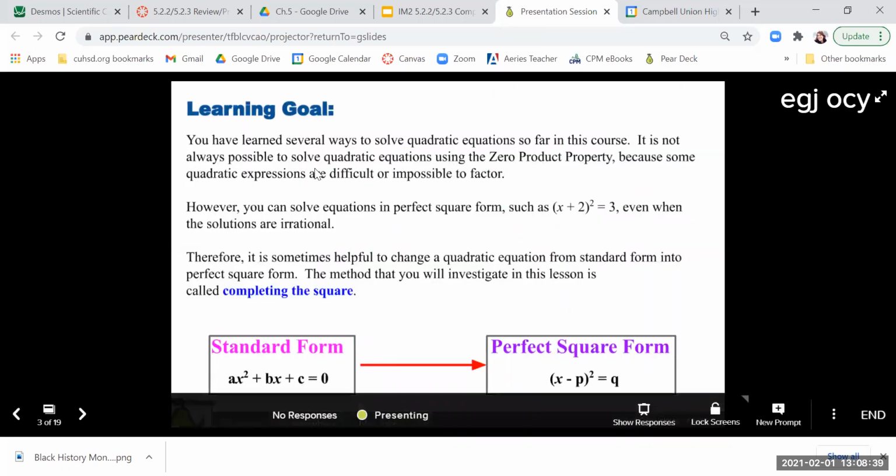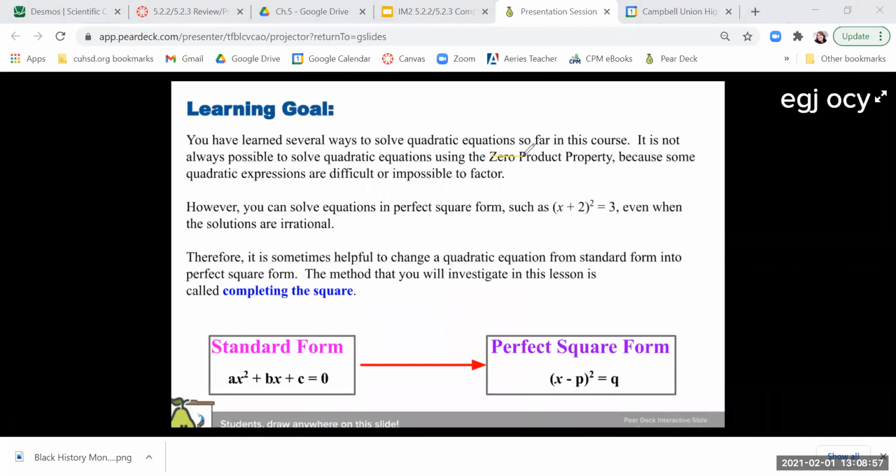So far we've learned several ways to solve quadratic equations. It's not always possible to use the zero product property, especially if the equation is difficult or even impossible to factor.